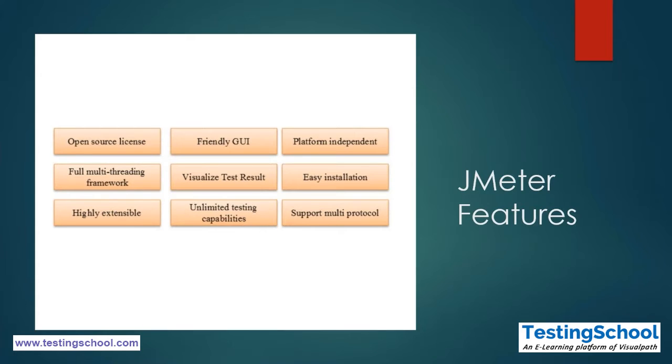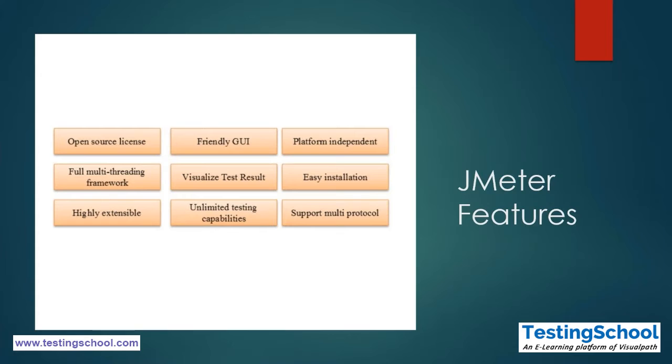And apart from these features, it supports multiple protocols. As I have shown in the first slide, there are multiple protocols JMeter can support. There are DB protocols we can use, HTTP, HTTPS, FTP also it is supported easily. So these are all the JMeter features.